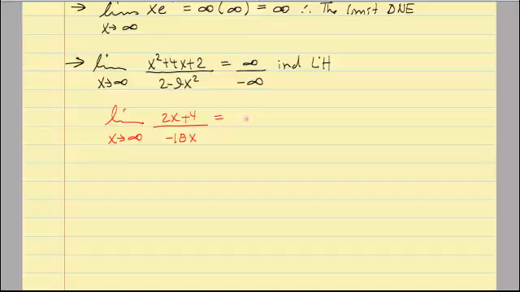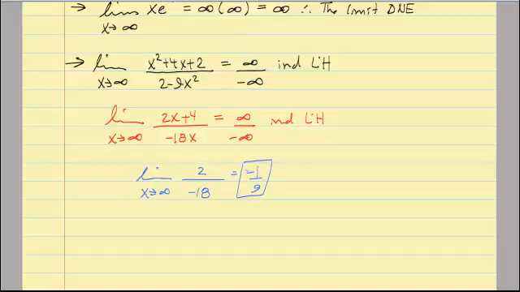If I take my limit as x approaches infinity again, I get infinity over negative infinity, which is indeterminate L'Hopital's as well. So I do another iteration: the limit as x approaches infinity of the derivative of 2x plus 4, which is 2, over the derivative of negative 18x, which is negative 18, and I get negative 1/9. So my solution is negative 1/9.